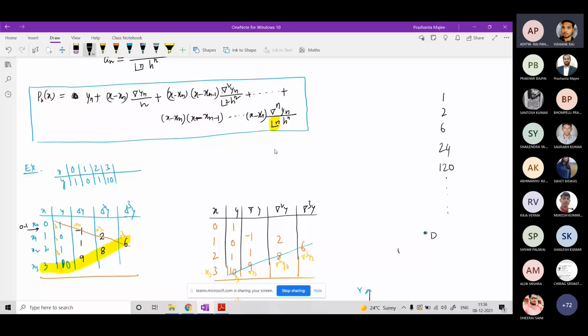So the terms with respect to the higher order forward differences or higher order backward differences, their contribution will be less and less, as you consider higher and higher order differences in Newton's forward or backward difference formula, is it not?